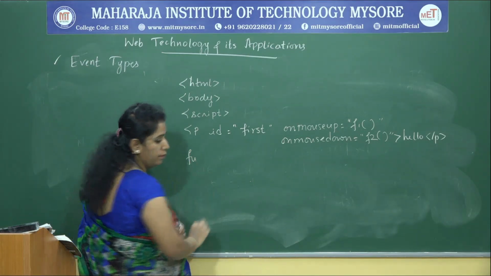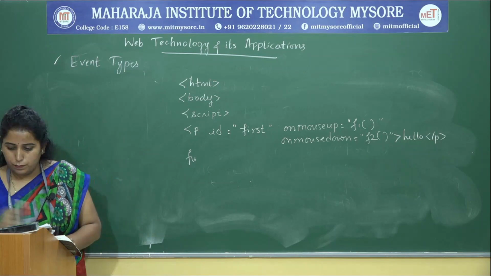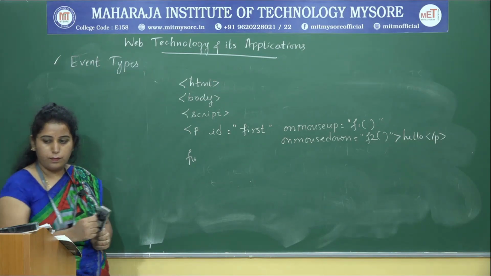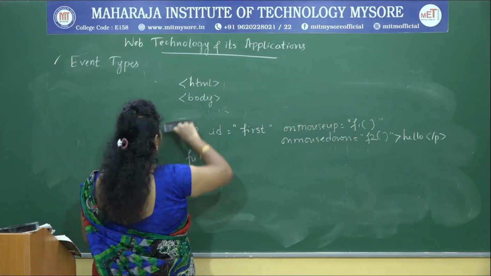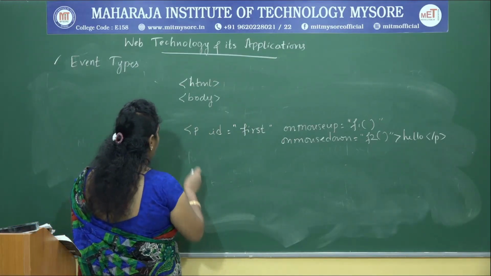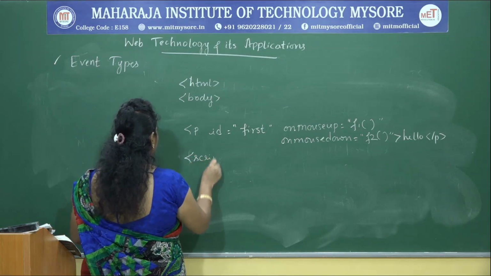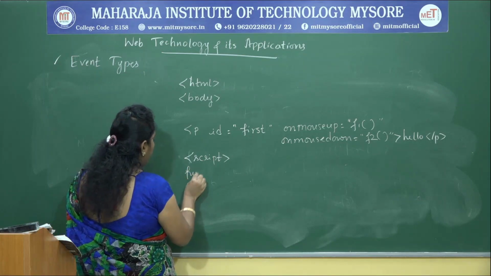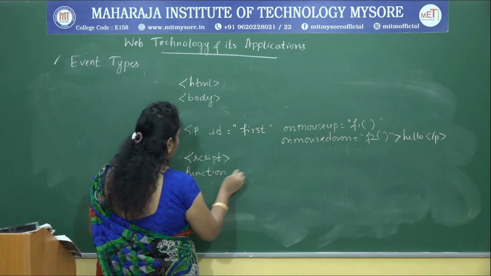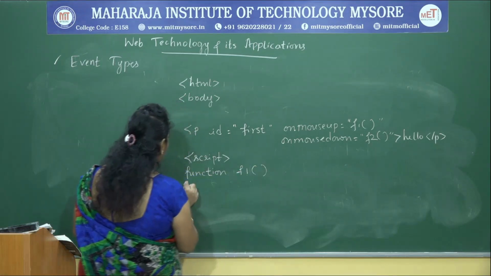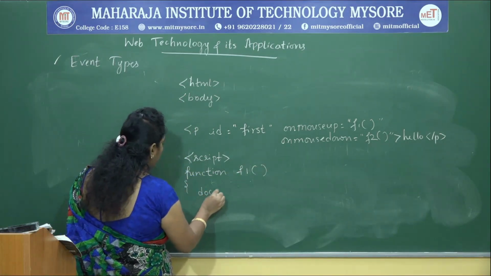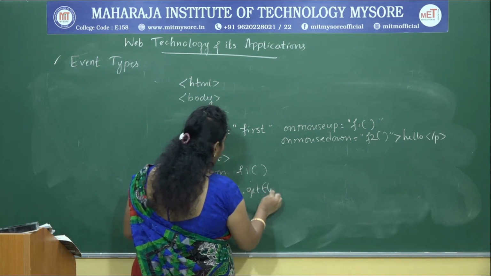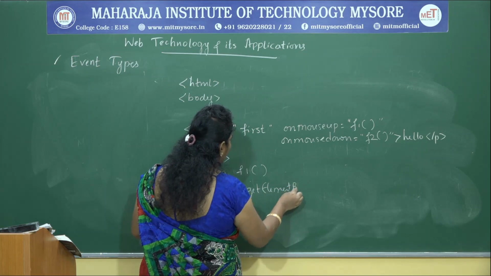So how do you define it? The script should begin from here. Okay, this is the script. So how do we define a function? What is the function name? Function 1. What should it do? Document dot getElementById.